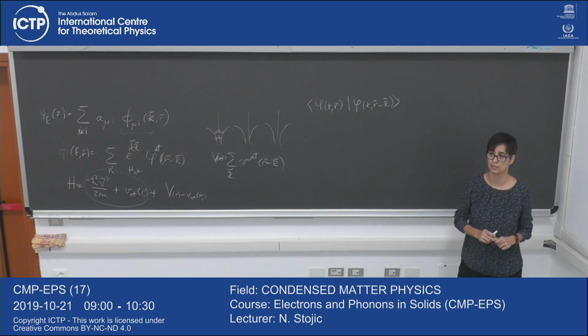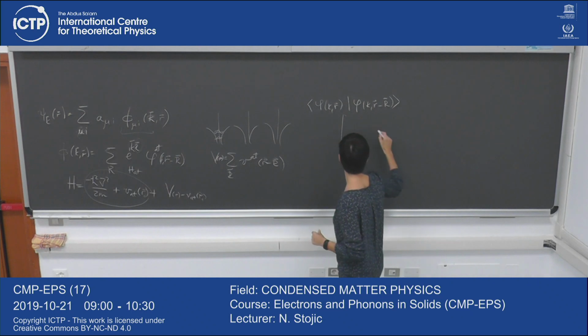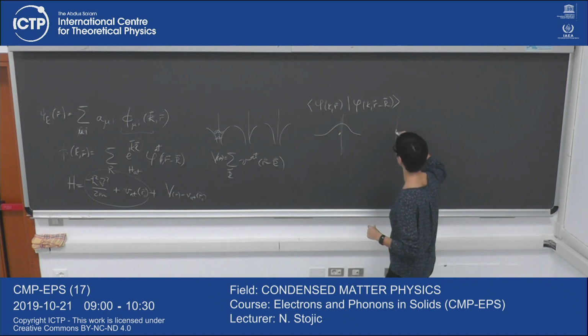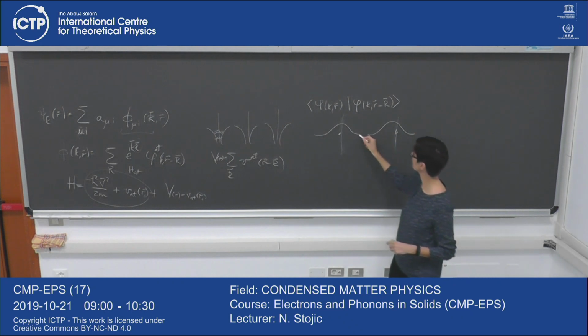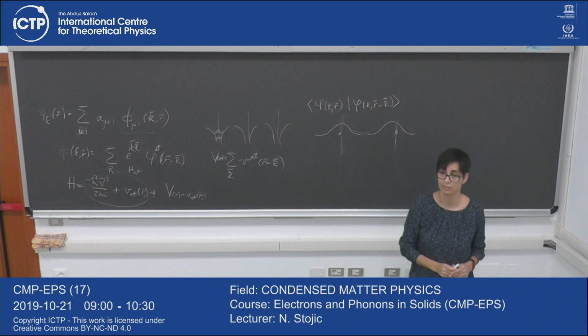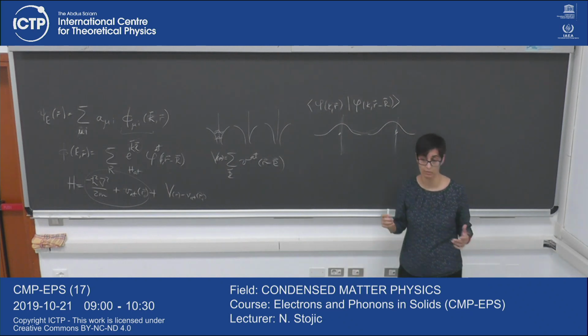The overlap term. And this is a situation where you have two sites. Maybe it's better to show it like this. You're actually looking for this overlap, and we usually take this to be 0.